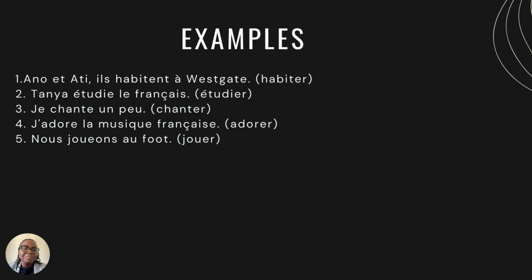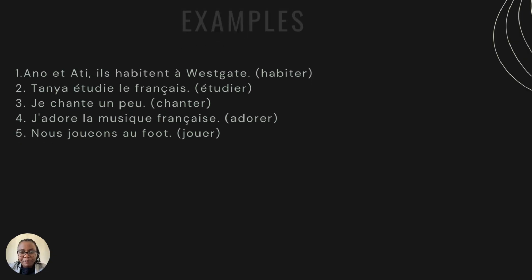I sing a little. Number 4, j'adore la musique française. The verb adorer, meaning I like French music. J'adore la musique française. Number 5, nous jouons au foot with the verb jouer. And we've conjugated with the subject nous. So nous jouons au foot, we play football.